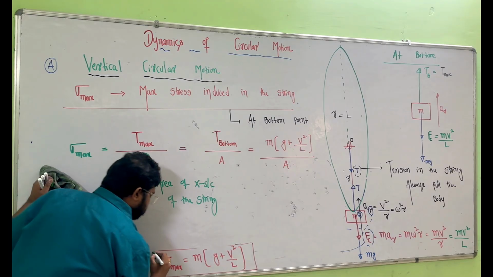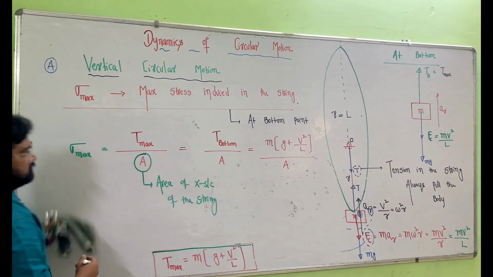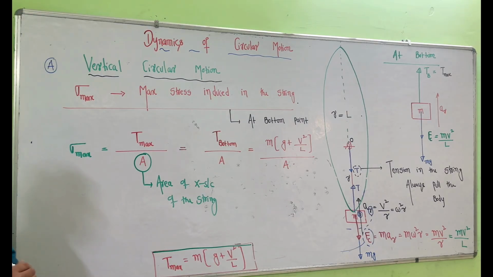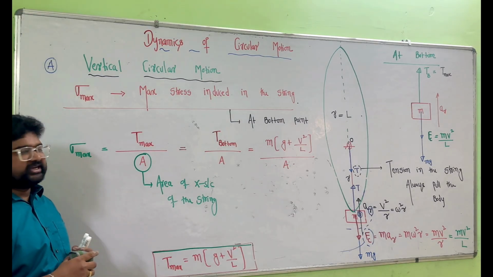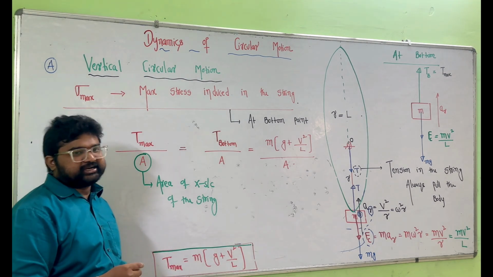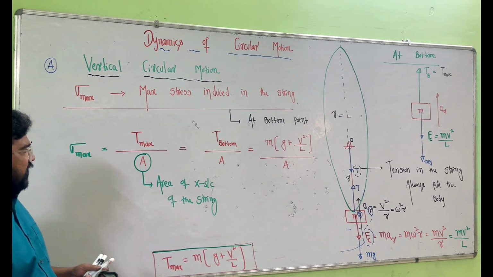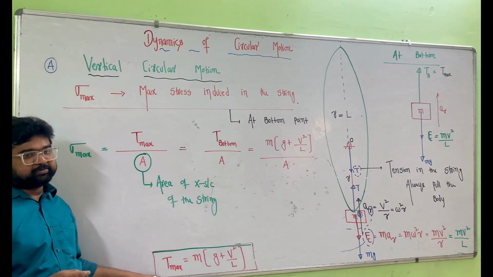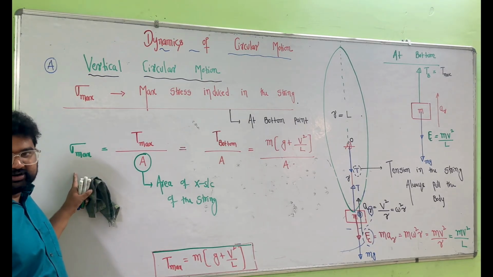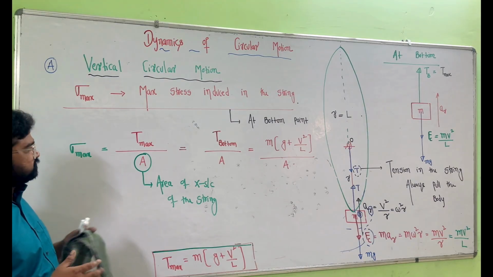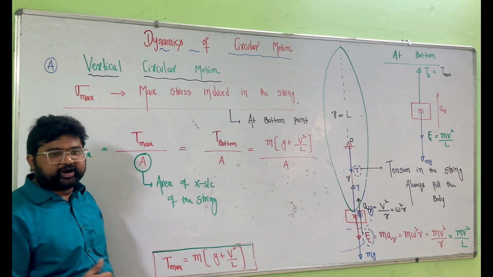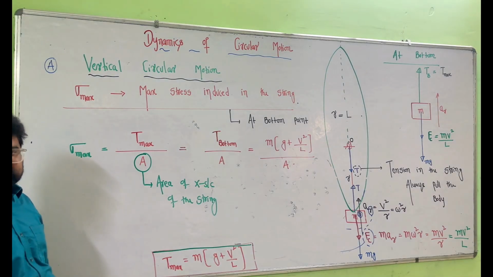This is the maximum stress induced in the string at the bottom point, when the point mass is at the bottom. This is the maximum tension in the string obtained at the bottom, so the corresponding stress will be maximum. Stress is the internal resistance offered by the body per unit area of cross section.